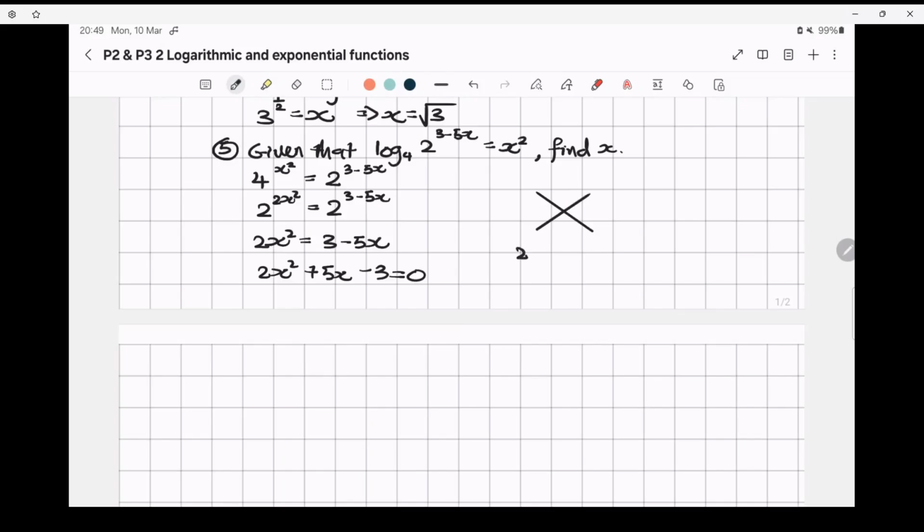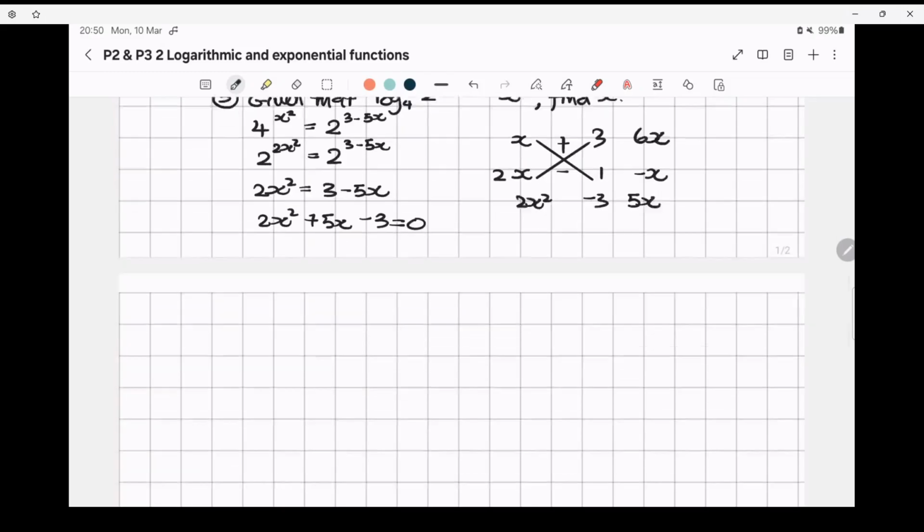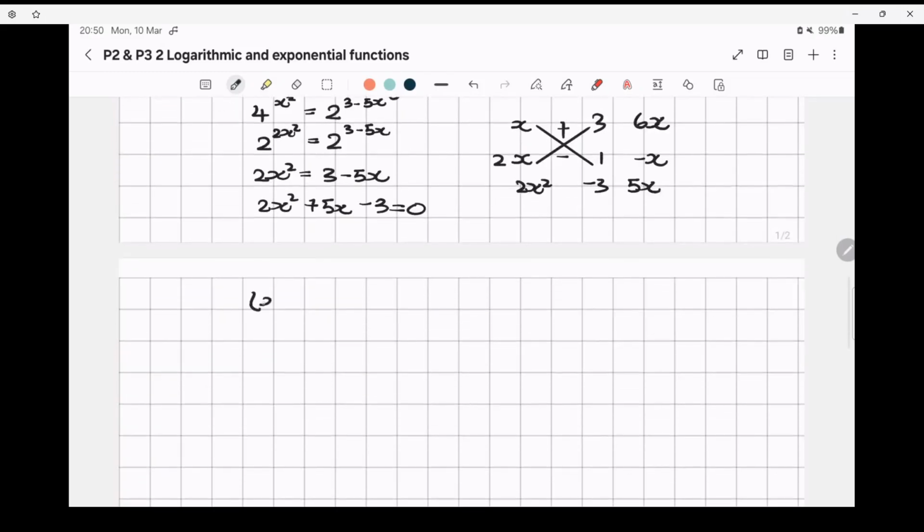So you have 2x squared here, minus 3 here, 5x here, plus or minus 2 here, 3, 1. So you have minus x, 6x. Then over here you have x plus 3, 2x minus 1 equals 0, or x will be equal to minus 3 or half.